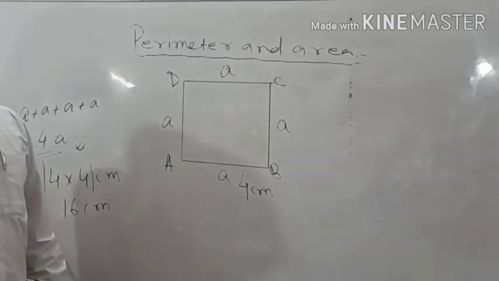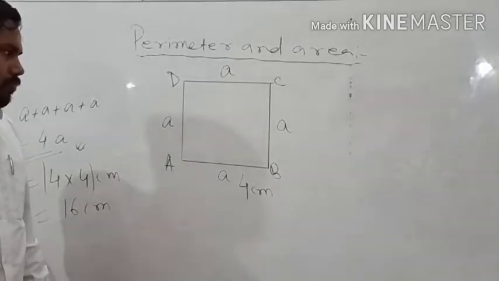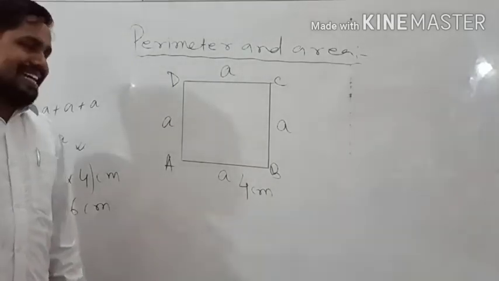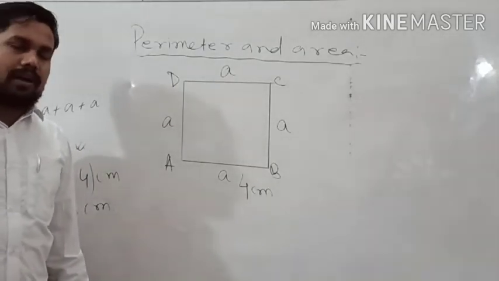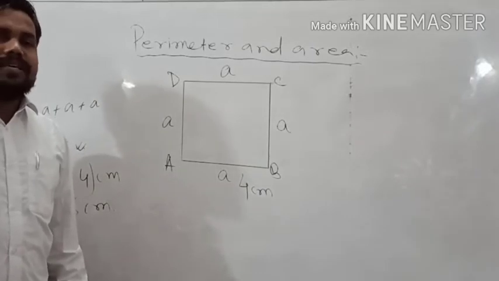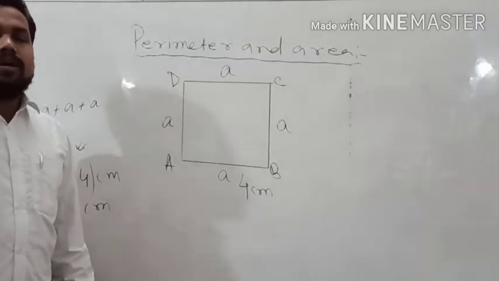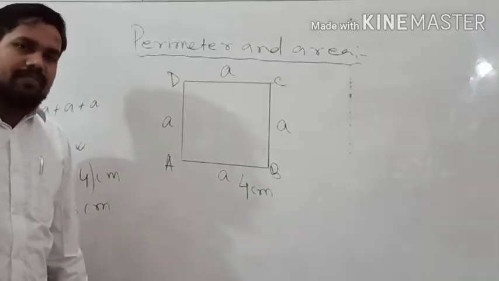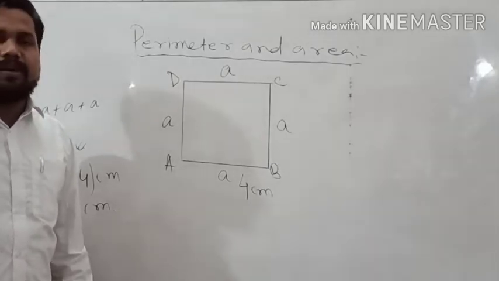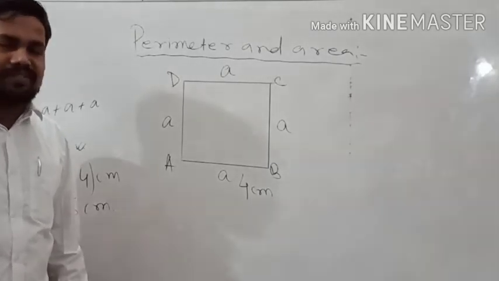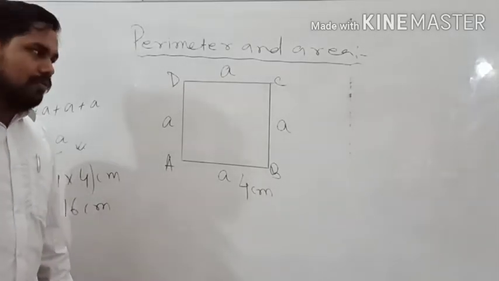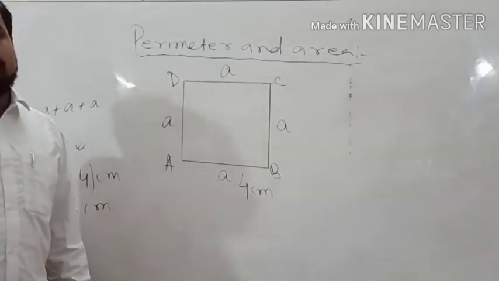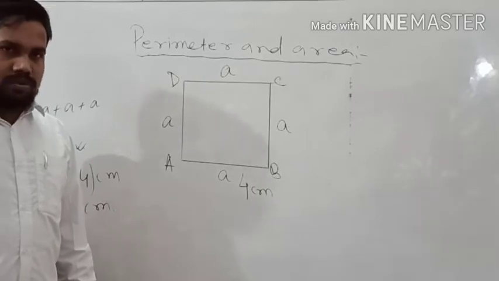What is the perimeter of a square if the sides are this, what is the perimeter of a rectangle if the length is this and breadth is this, or sometimes the perimeter of the square will be given, you have to find the side. Sometimes the perimeter of the rectangle is given, you have to find either length or breadth. So with the help of this concept only you can solve all these types of questions.